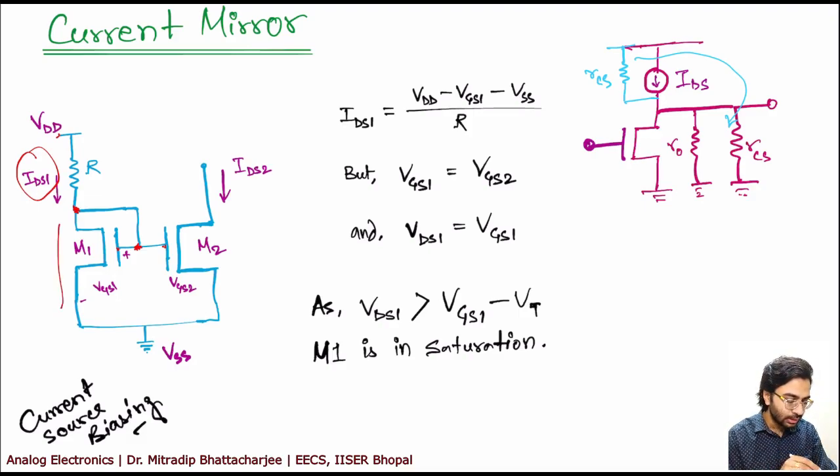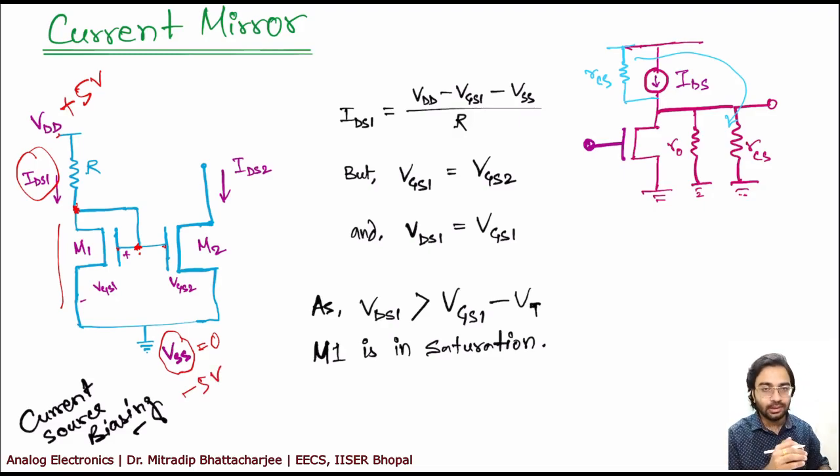However, if this is shorted, we can say that the potential here is VGS1 plus VSS. In this case, we have made VSS equal to 0, but in certain cases you will find VSS is not equal to 0. Somebody is putting minus 5 volt here, plus 5 volt here and minus 5 volt here, so ultimately the total voltage is 10.